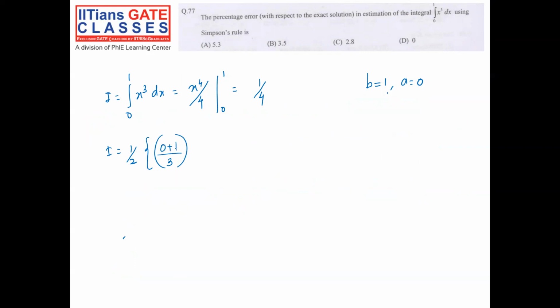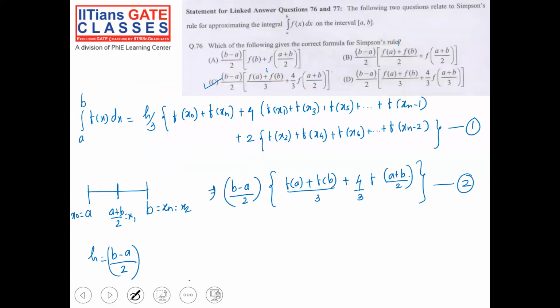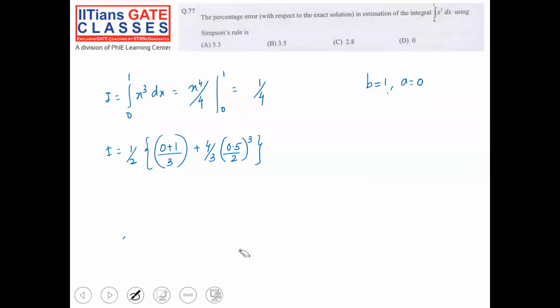So 0 plus 1 by 3 plus 4 by 3 times f of a plus b divided by 2. So it is 0 plus 1 divided by 2, which is 0.5, and 0.5 cubed. So I think it is just 0.5 whole cube. 0.5 can be written as 1 upon 2 as well, so 1 upon 2 whole cube.